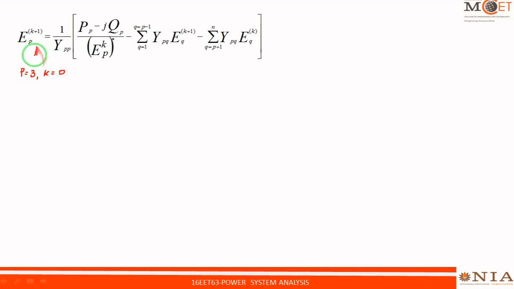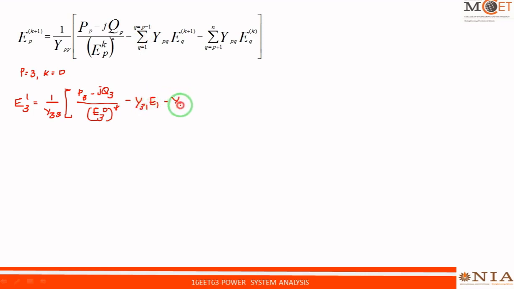When I substitute these in the previous expression, I get E3 of the first iteration given by 1 by Y33 into P3 minus jQ3 divided by E3 of 0 conjugate, minus Y31 into E1 minus Y32 into E21.